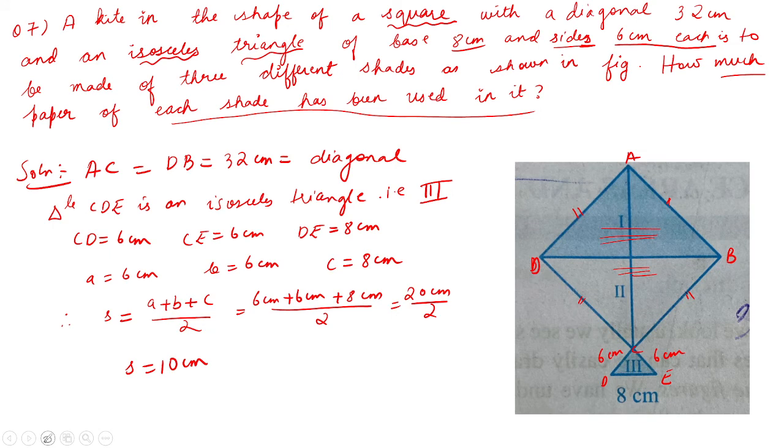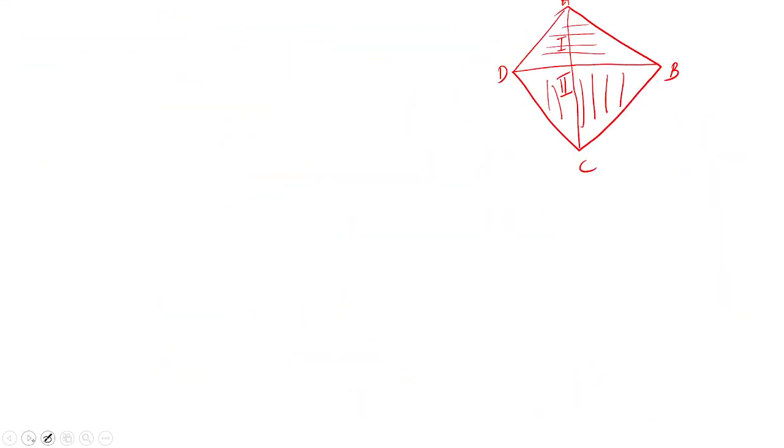This is your area 1 and this entire thing is your area 2. This is A, B, C and D. Is that what we have drawn? Yes, A, B, C and D. Now you look at this. What have they given the diagonal as? 32, right?